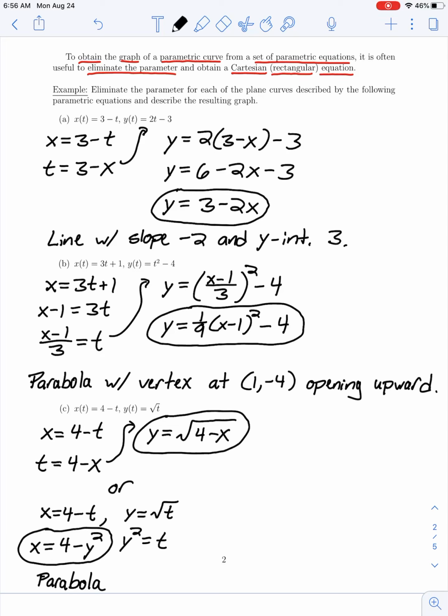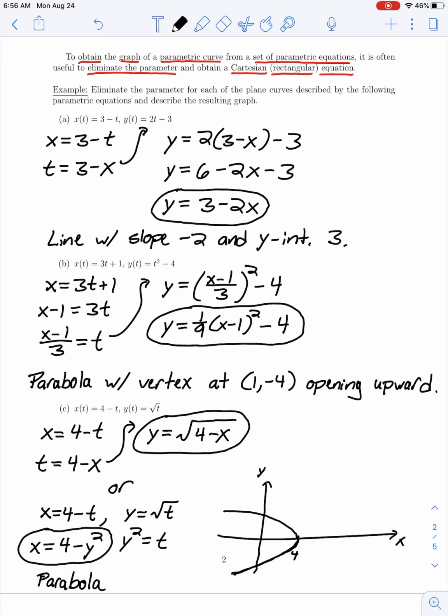So we have something that looks like the following. So if y is 0, x is equal to 4, and then we have a parabola opening in this direction. So we would have a curve that looks something like this.